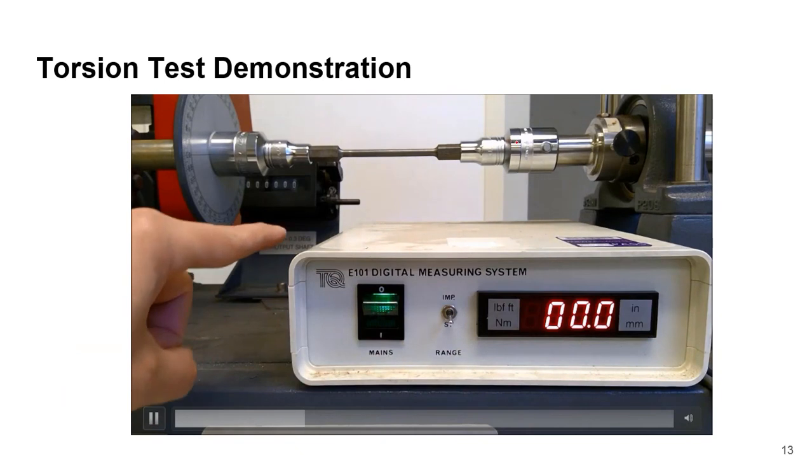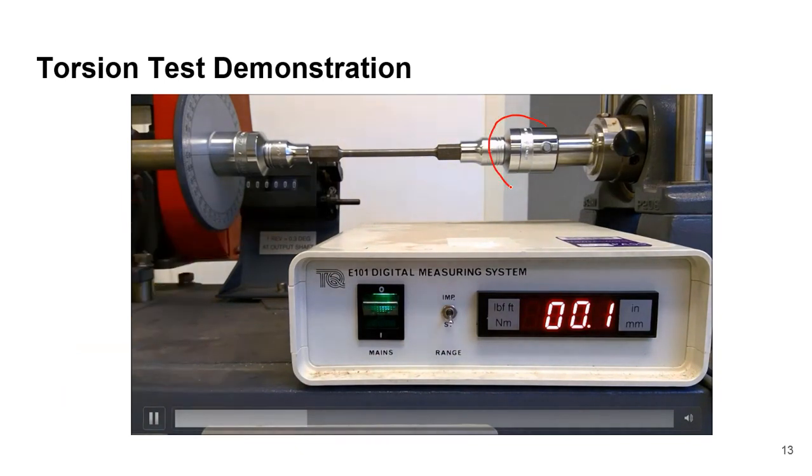Here you can see this end is fixed, whereas this end is actually rotating with the help of some motor, and here you will get the number of revolutions, and this number of revolutions is related to the degree. So you will get the angle of twist of the sample.